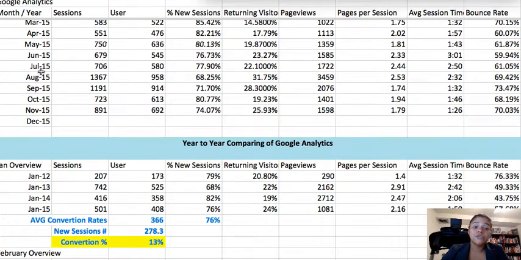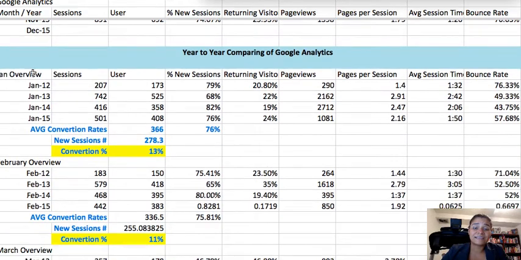It's key. You want to make sure that you're looking at it and that you're comparing month to month, year to year. Like you see here that we compare one year to another, from January 12th to the 13th, and then the same month for 4 or 5 years.